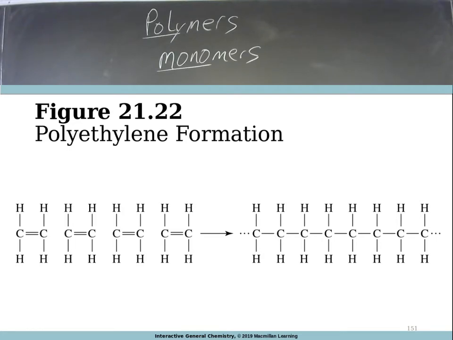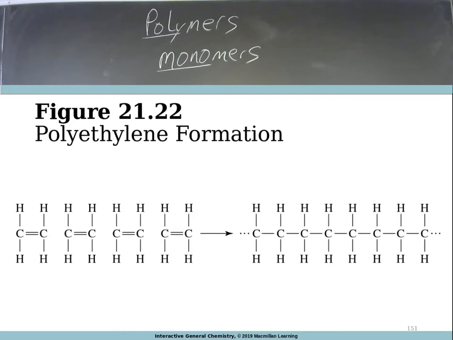And so, every monomer there, every ethene molecule that we see has 2 electrons in the pi bond that are ready to go form a new sigma bond, a new covalent bond with its neighbor. And so the polymer you see on the right is actually very simple. It just turns into one big long alkane. And again, this alkane could be 10,000 grams per mole.